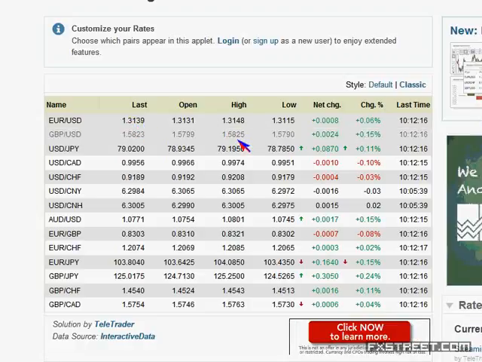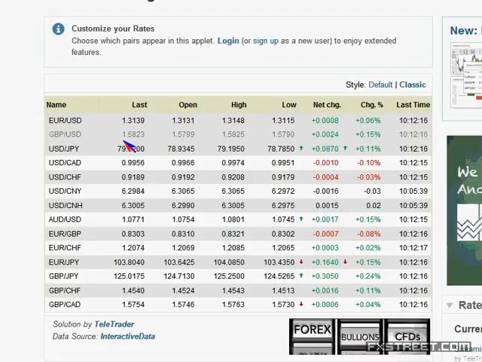Similarly, in the case of GBP, 5825 is the high and currently trading around 5823.